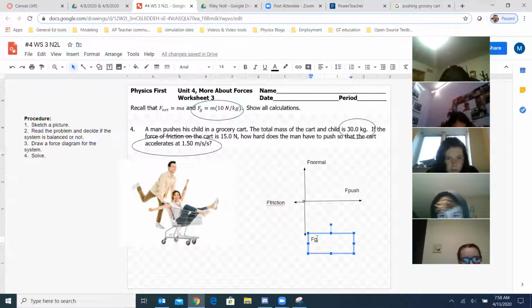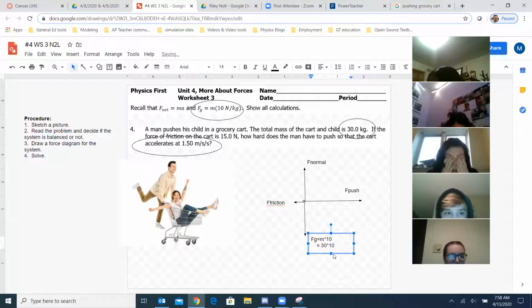So force of gravity is going to be equal to m times 10. And it says the mass is 30. So this is going to be 30 times 10. And so I get my calculator, I figure out what that force is. And I get a force of 300. All good? Does that make sense? All good? Yeah? Yeah, okay.